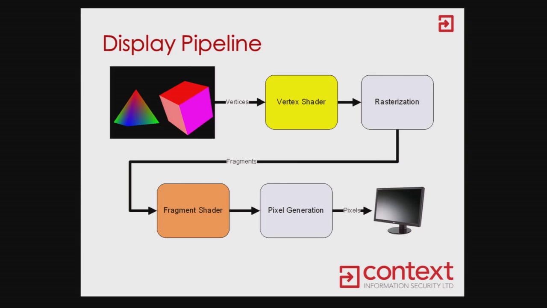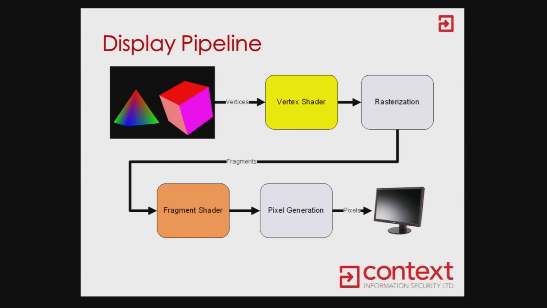First you have your 3D models, represented by our triangle and our cube, which consist of a load of 3D points, generally referred to as vertices. The first thing it does is push these vertices through an arbitrary bit of code, called a shader, to transform them into something which can actually be displayed on the screen.